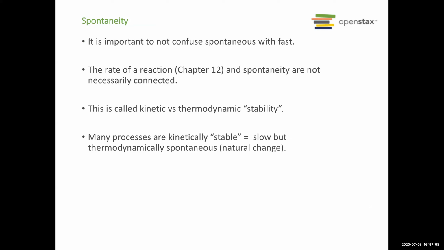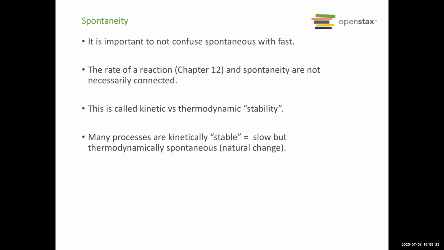Let's take a closer look at spontaneous processes. First, some are fast and some are slow. On this slide we say it's important not to confuse spontaneous with fast. This is called kinetic versus thermodynamic stability.